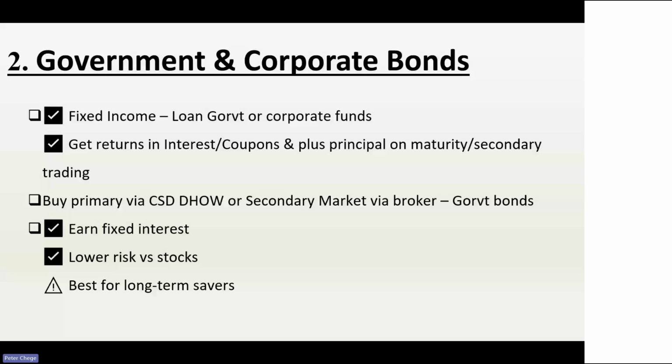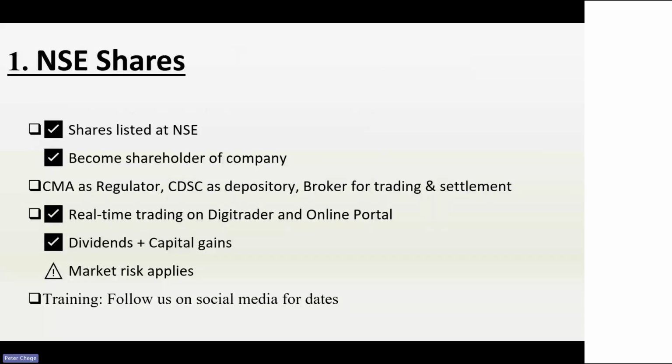Let's say you want to buy KPLC, right now it's around 7 bob times 100, so you only need 700, plus you factor in commission. There are other shares which are below that price, and there are those which are above that price. Then there is the odd lots board where you can buy one share to 99. We'll come to that when we are doing the NSE share training on Wednesday next week.